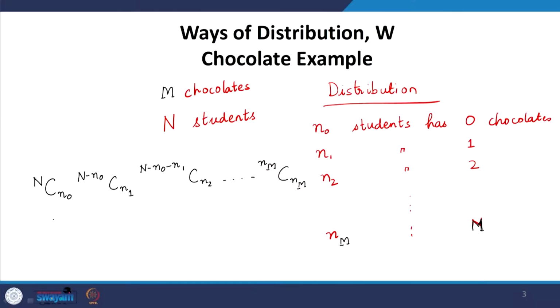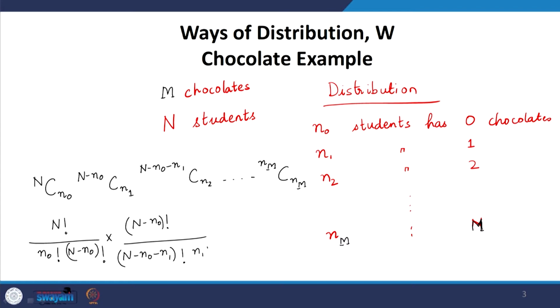So, if I do that, you know the formula of combination is the following: you have n factorial by n naught factorial, n minus n naught factorial multiplied with n minus n naught factorial by n minus n naught minus n1 factorial, n1 factorial, and so on until we have nm factorial by nm factorial 0 factorial.